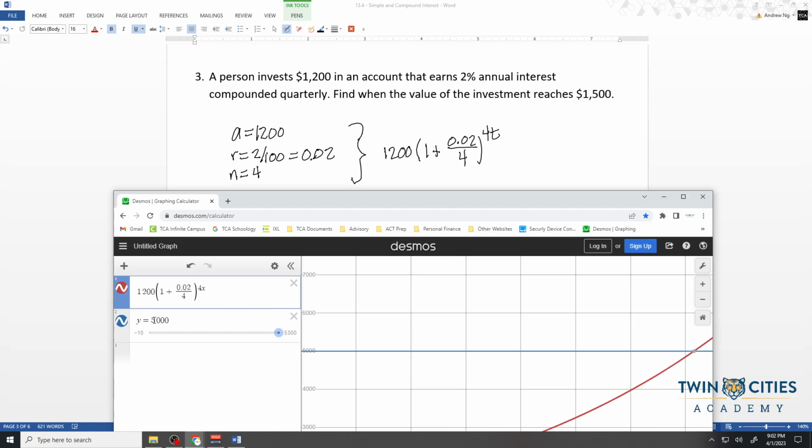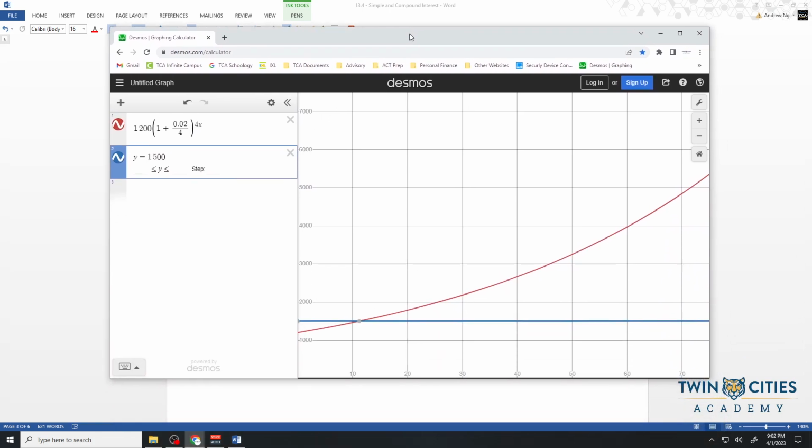And I want to know, when is it going to reach 1,500? Okay, so here is my curve, and 1,500, this will take 11.185, we'll call it 11.2 years.